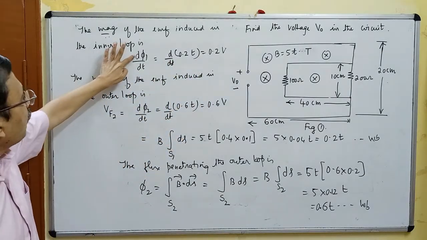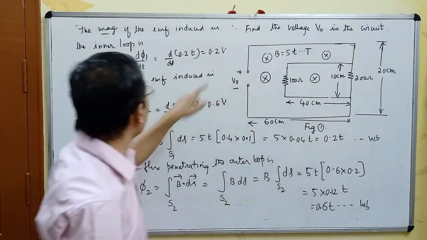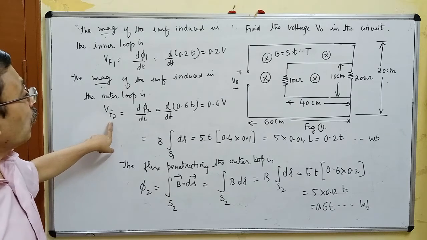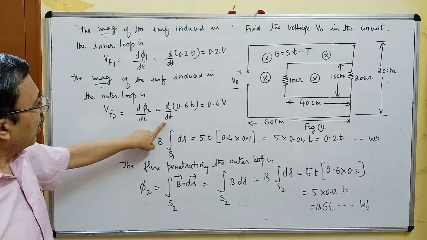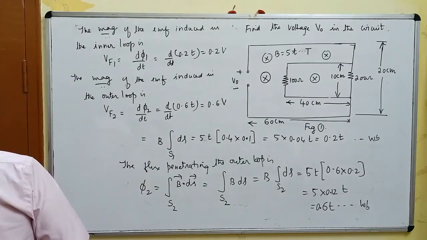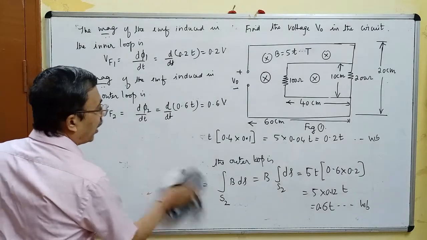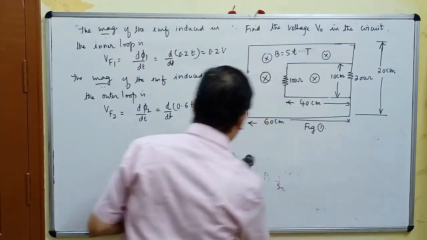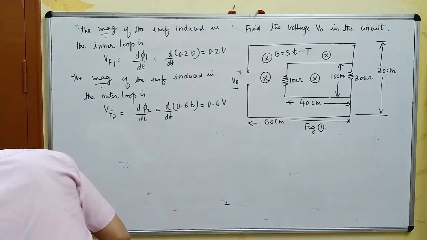Vf1 is equal to d phi 1 by dt, phi 1 is equal to 0.2t. Then Vf2, magnitude of the EMF induced in the outer loop, is d phi 2 by dt, which gives you 0.6 volts. The next step is to insert the voltages Vf1 and Vf2. So that I am going to do now.